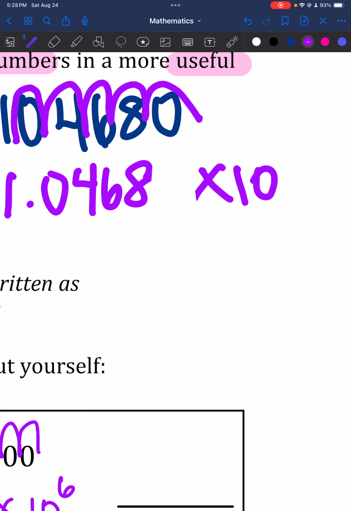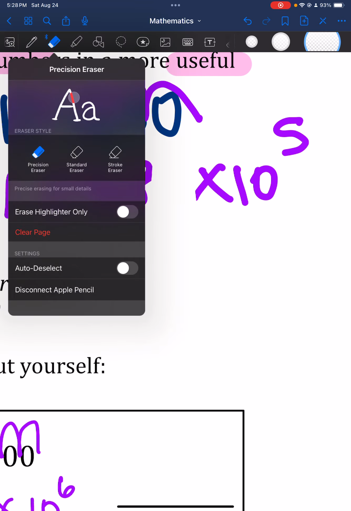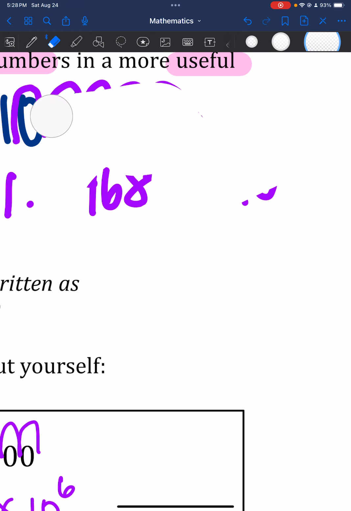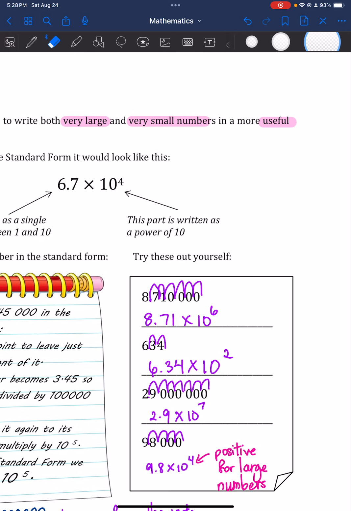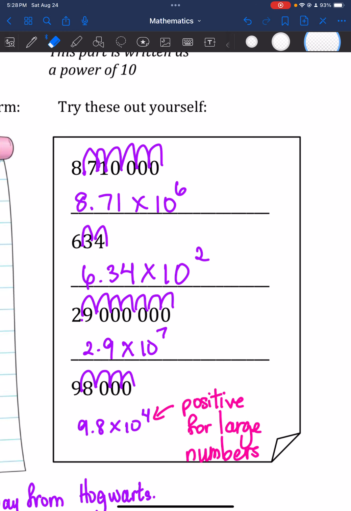No, 5. We jump 5 times. So that's how we convert that. So you can look over the examples that I gave to you in class. Let me know if anything is confusing.